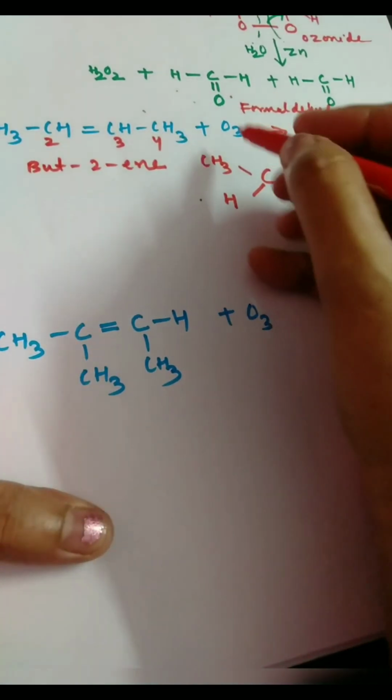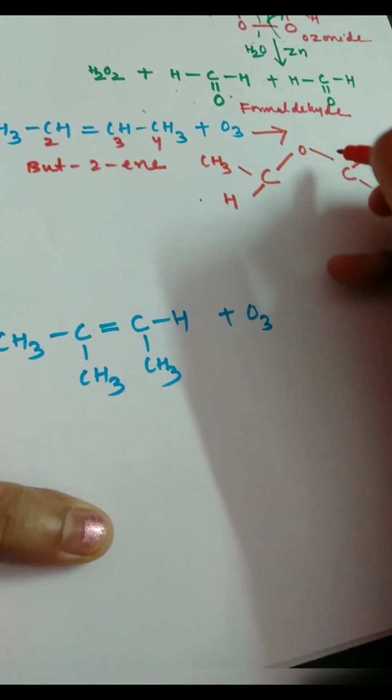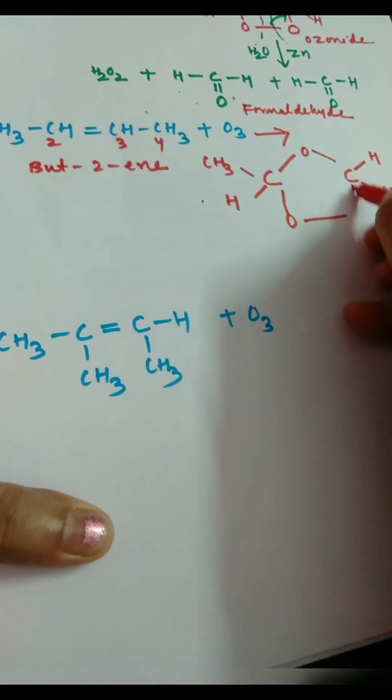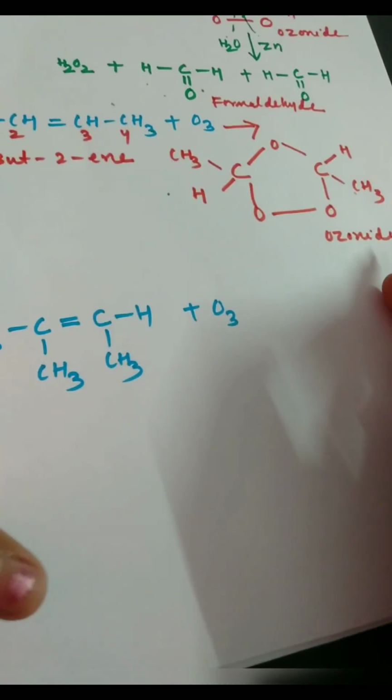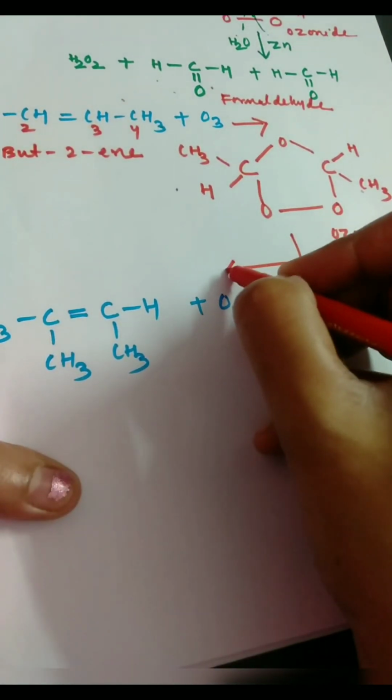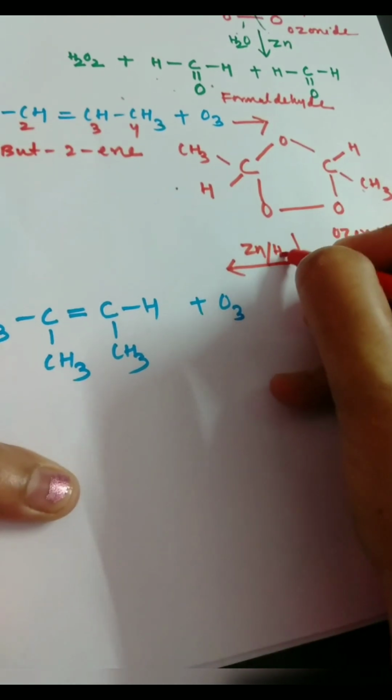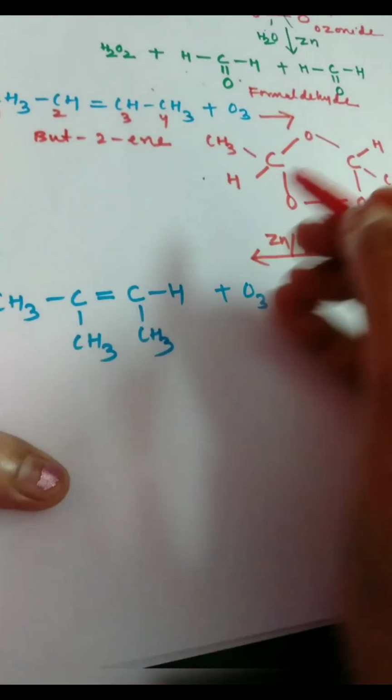Okay, then put the oxygen in a rearranged manner. This is oxygen, this is oxygen. So this is your ozonide intermediate. Again, on further treatment with zinc dust and hydrolysis, it will form the final product.